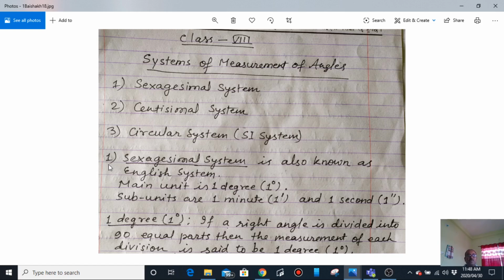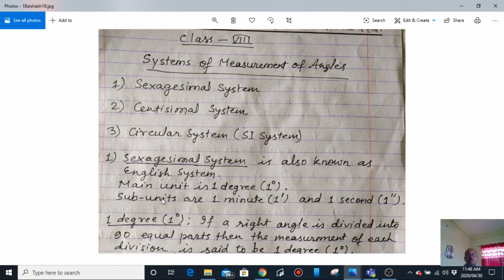Let us first pick up the sexagesimal system. It is also known as the English system because it originated from England. In this system, the main unit is 1 degree. This is written as 1 with a small 0 as a superscript.